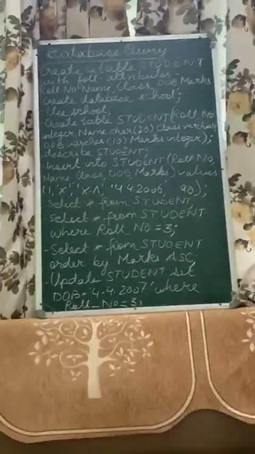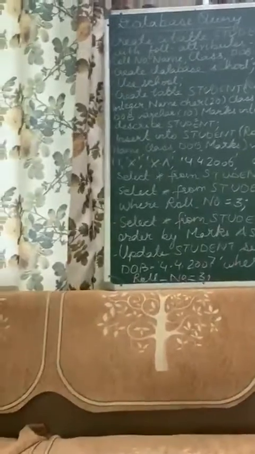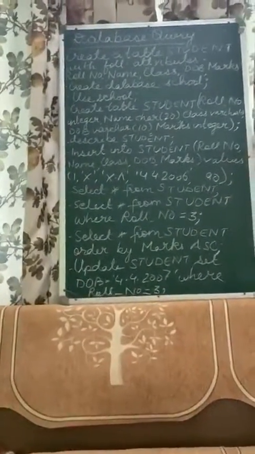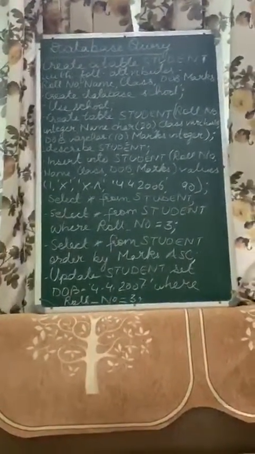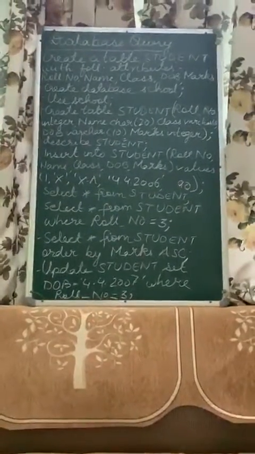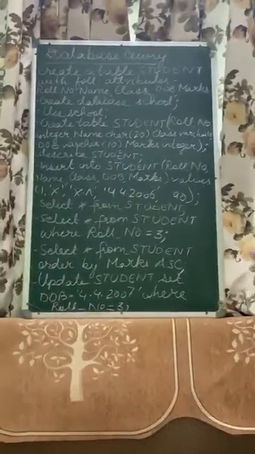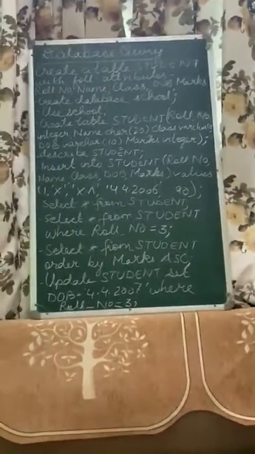After the update, if you write the query select star from student, it will show you the entire table with all the various columns and rows in it. So children, this is how we are going to execute queries in the database.